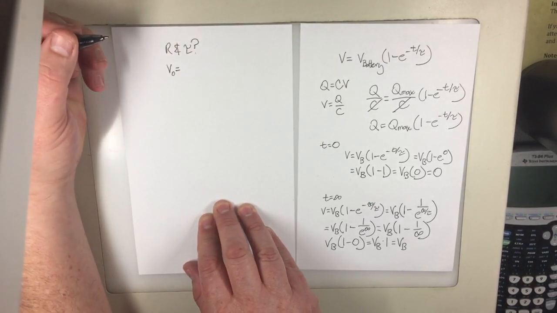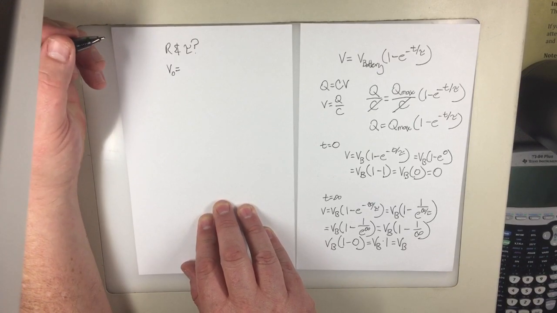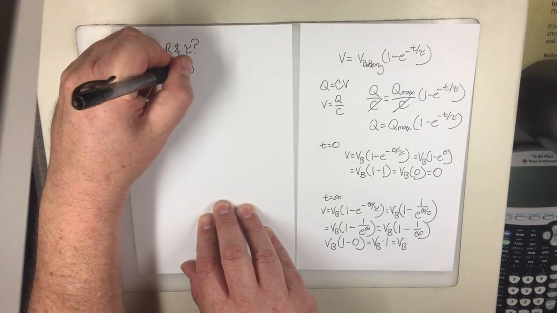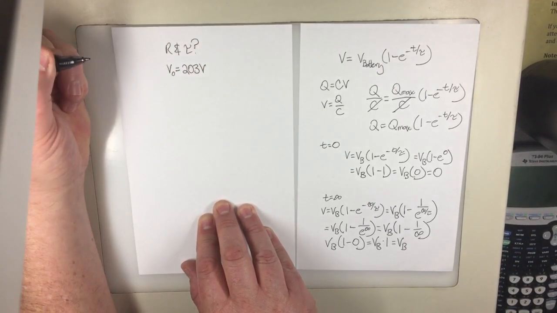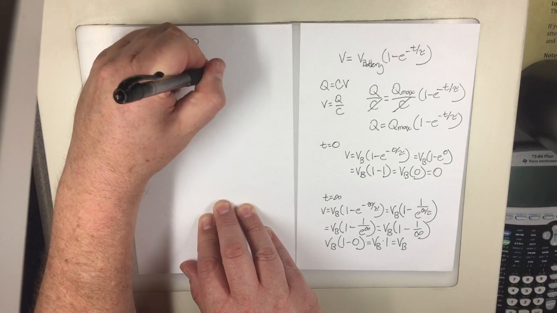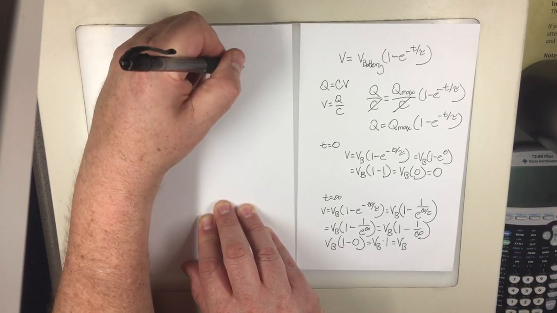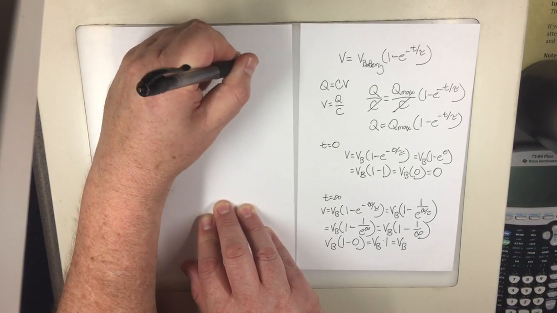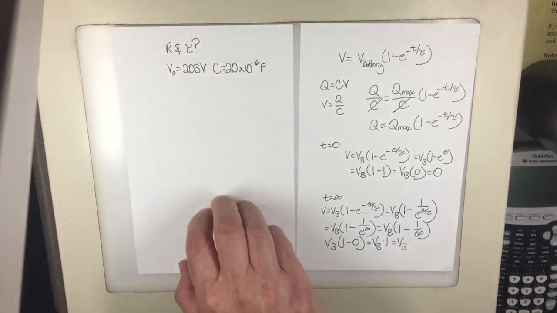So V naught, VB, same thing, V battery: 203 volts, which is an odd number, literally and figuratively. The capacitance is 20 microfarads, or 20 times 10 to the negative 6 farads.